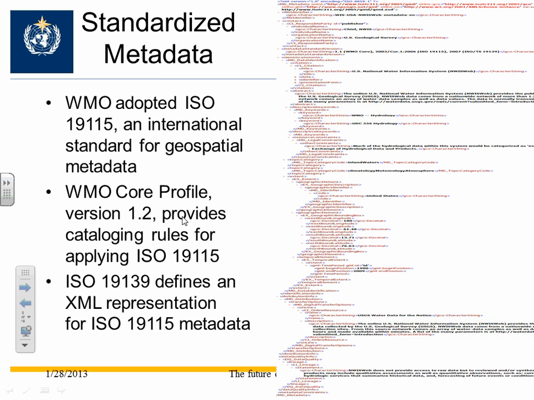So this specifies how the 115 can be encoded in XML. So both are very closely linked and are often also used as synonyms. But I have here now explained that the 115 tells us about the structure, which information should be captured, and the 139 tells us how the XML will then look like that encodes this information.